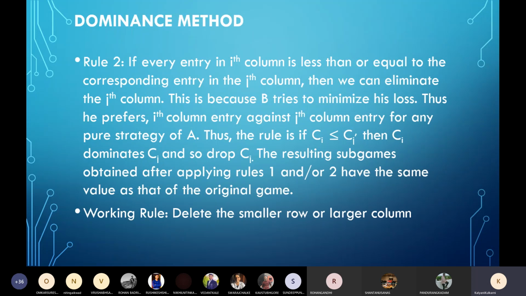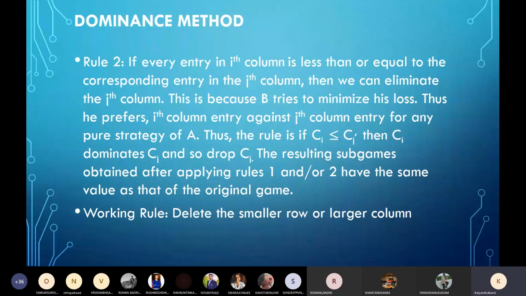The resulting sub-games obtained after applying rule 1 or rule 2 sometimes need both rules. Sometimes you can apply only one. It depends on the example that is given to you. The resulting sub-games obtained after applying rules 1 and/or rule 2 have the same value as that of the original game.